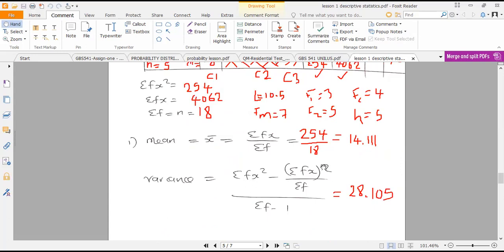The variance, you can notice from here that it is the same formula, except that here we are including f's on each of these. So summation of fx squared minus summation of f squared over summation of f, divided by summation of f minus 1.